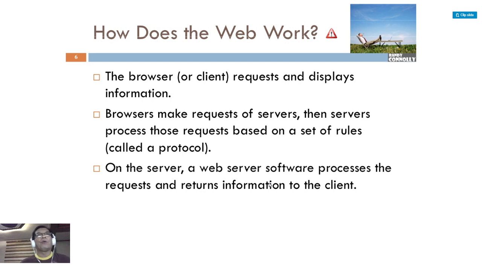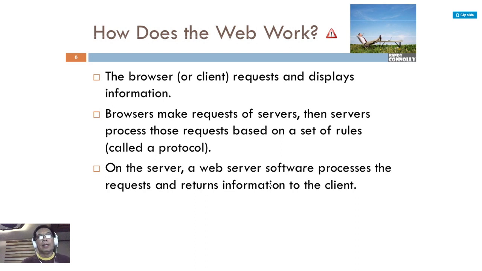Browsers make requests of servers, then the servers process this request based on a set of rules, or this is called a protocol. And on the server, web server software processes the request and returns information to the client.